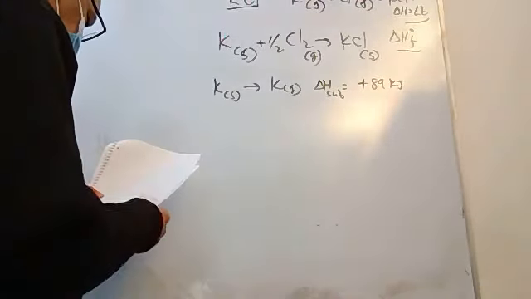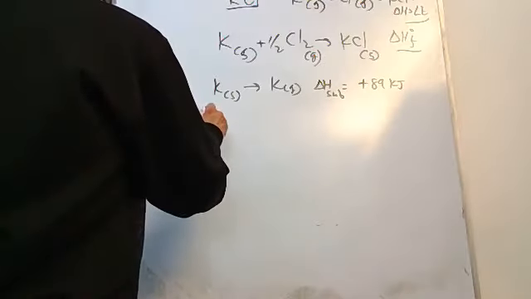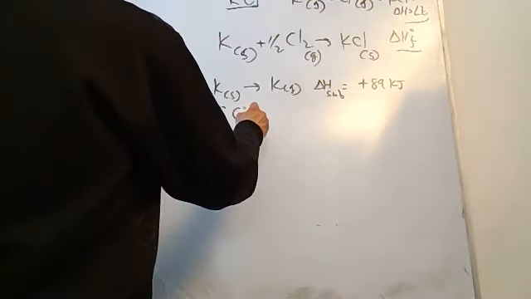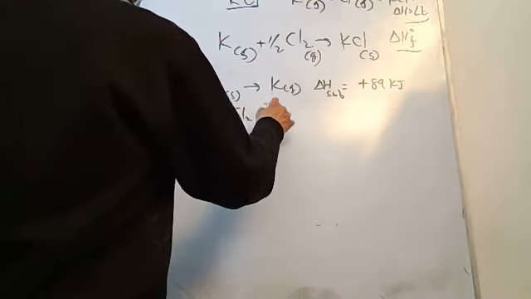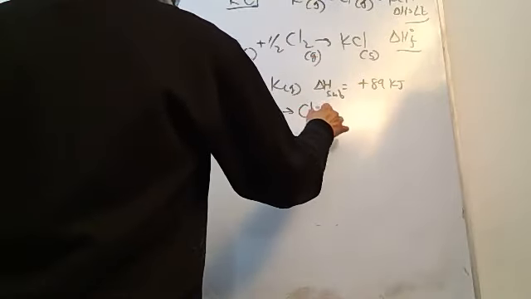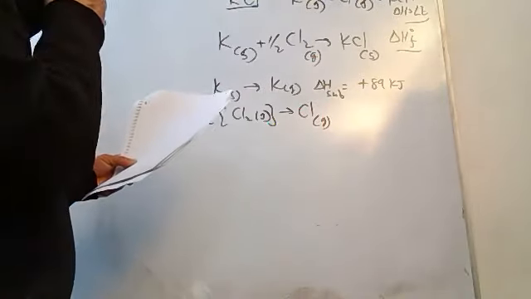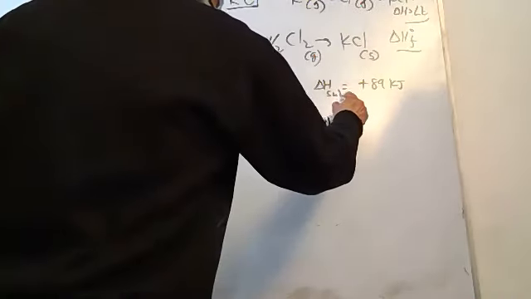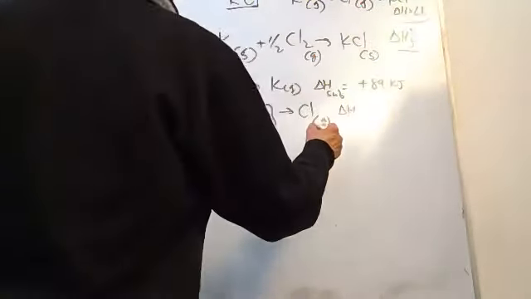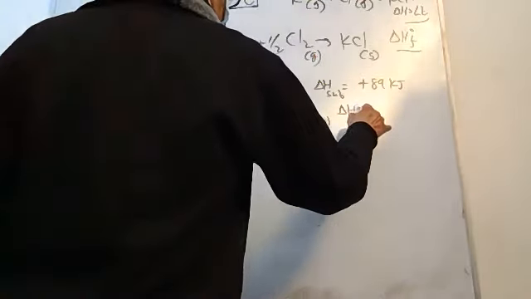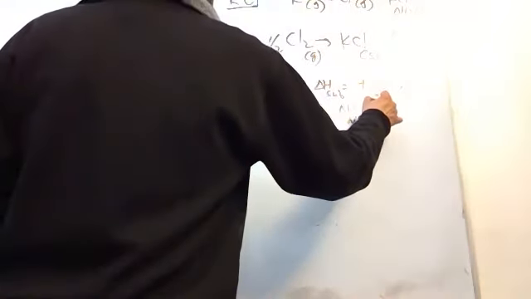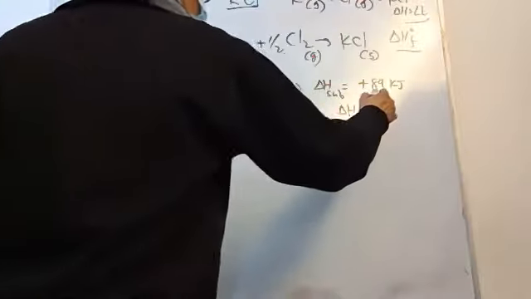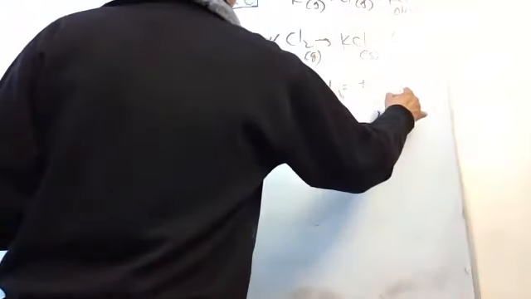That's plus 89. And then we have to break down the Cl2 gas into Cl. This is a bond breaking, so this is the bond dissociation energy. For 1 mole it is 244.